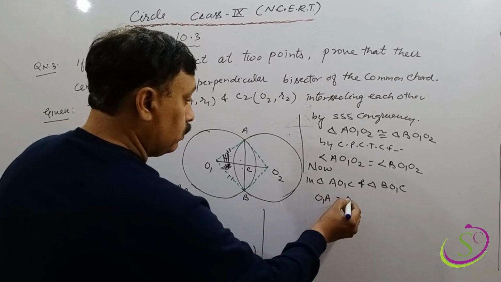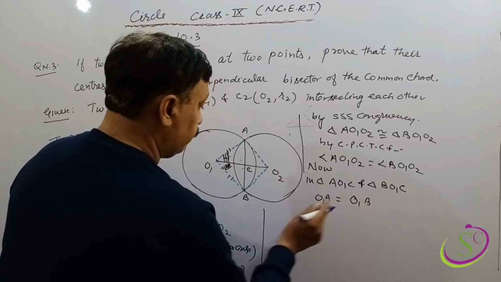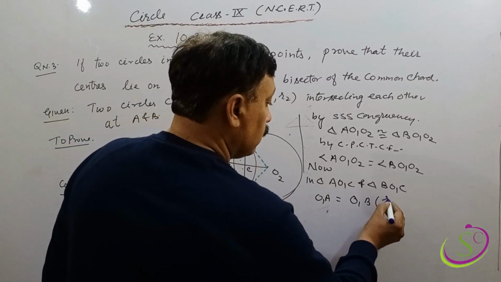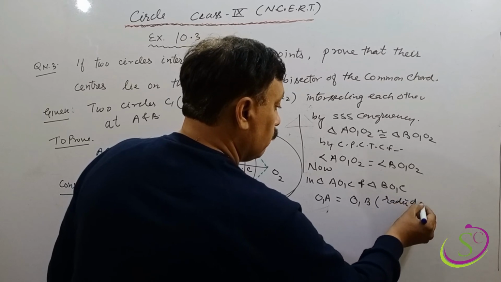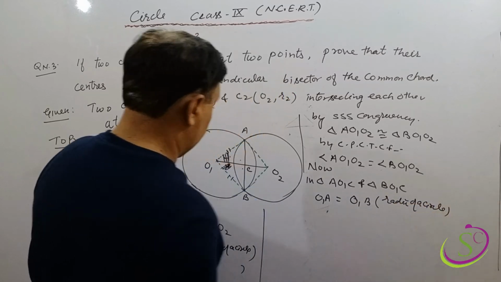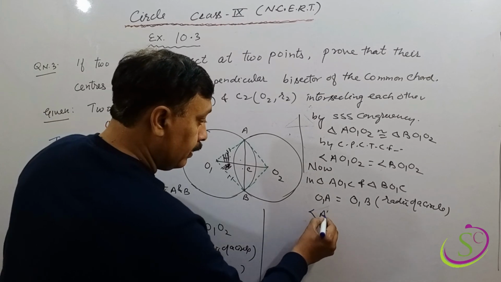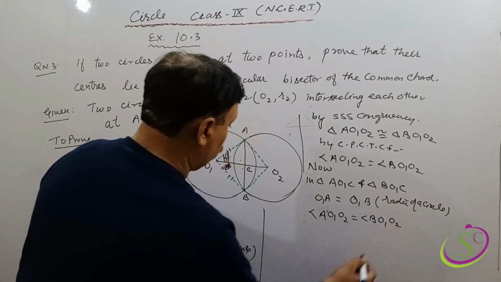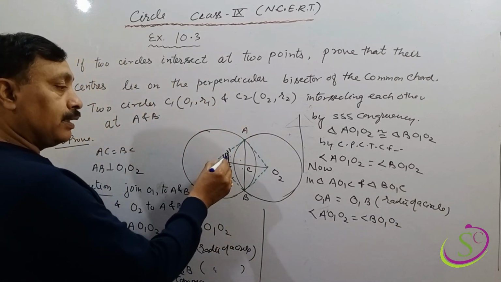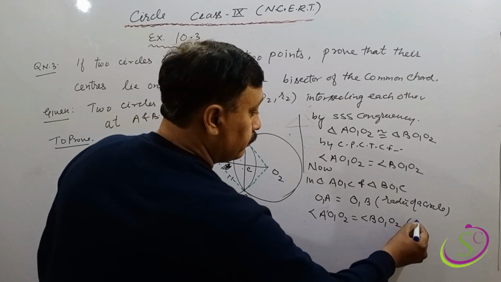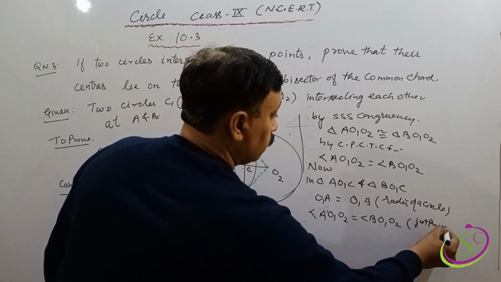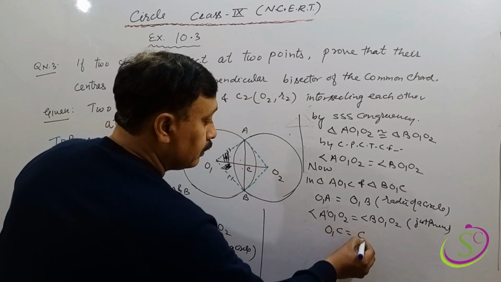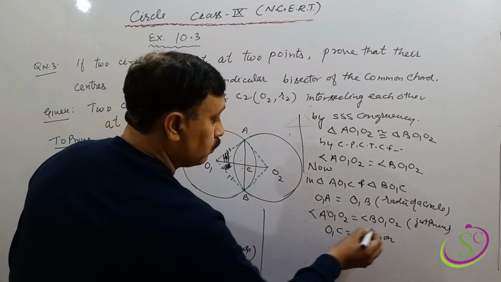So O1A equals O1B, both are equal. Why? Radii of a circle. Angle AO1 O2 equals angle BO1 O2, this angle and this angle, we just proved, and O1C is common.